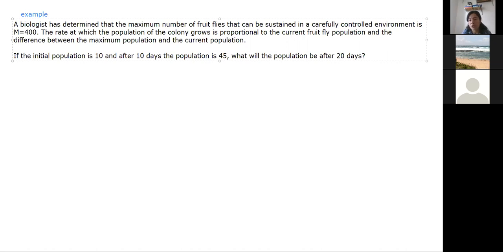Can I see a show of hands, please, for those of you who have started setting up the differential equation? Okay, it looks like it was a long one to write down. Maybe another 3 minutes. And if you already wrote the differential equation, then you can start solving it now.